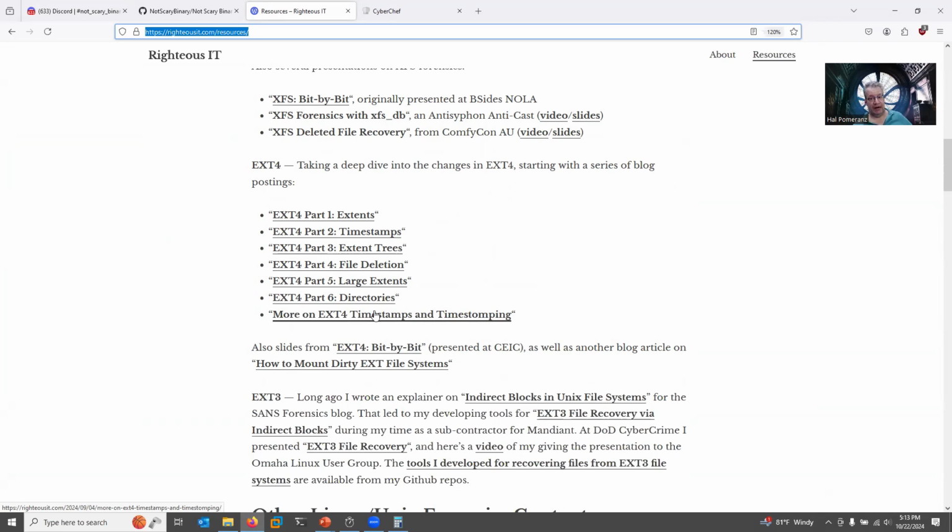I get really sick and tired of hearing from people that it's impossible to change the creation timestamp and the metadata change timestamp in Unix file systems. Nothing could be easier. Anyway, I wrote a time stomping tool that lets you arbitrarily change timestamps on Unix files. I'm probably going to regret that, but nevertheless, if you're interested, it's this article, more on ext4 timestamps and time stomping.